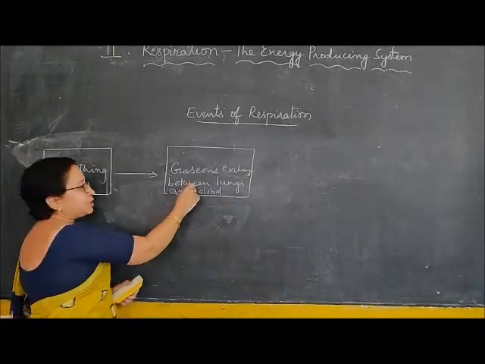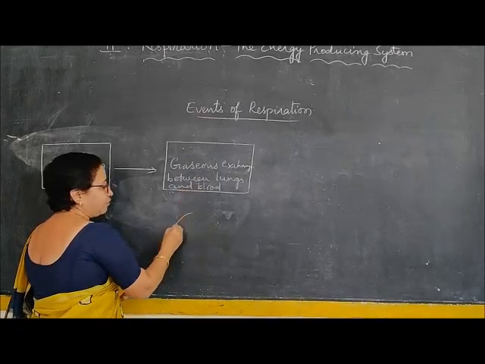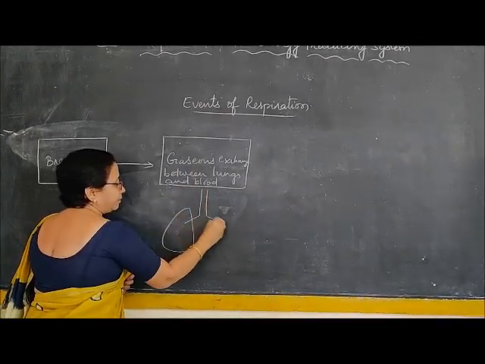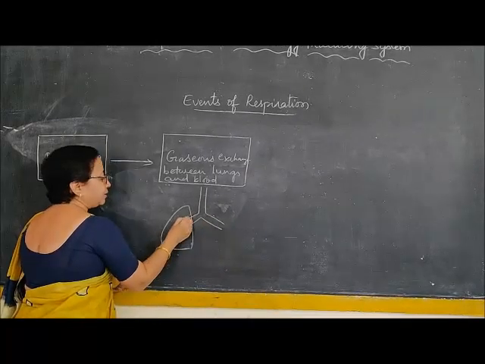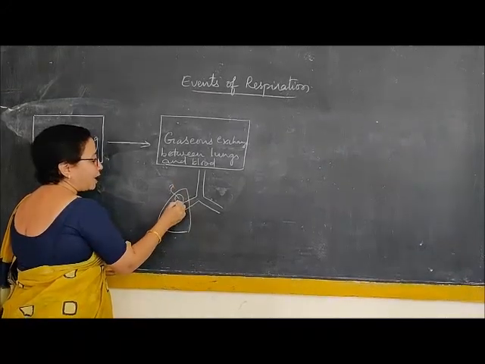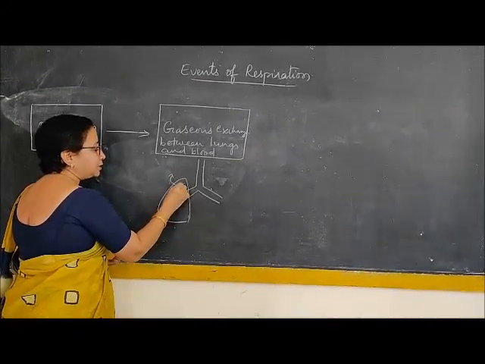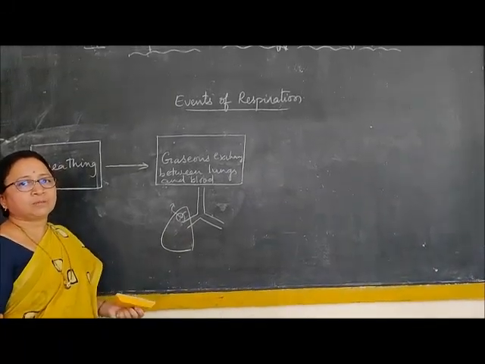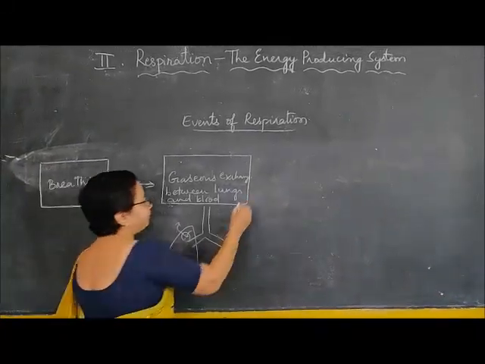The air which enters into the lungs, from the lungs the oxygen enters into the blood and the carbon dioxide enters from the blood into the lungs. This forms the second step of respiration.